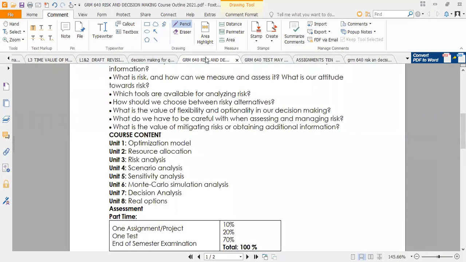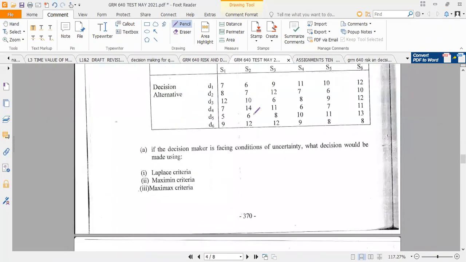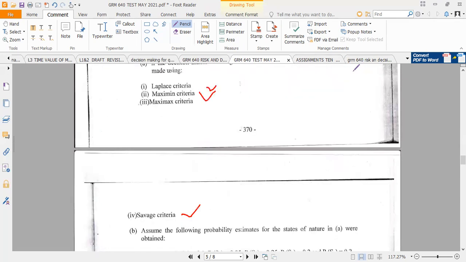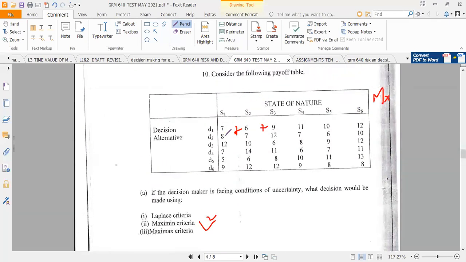We later on have been asked to find the Savage criterion. How do you use the Savage criterion? Using the regret table, what do we do? In each column, you identify the highest value.